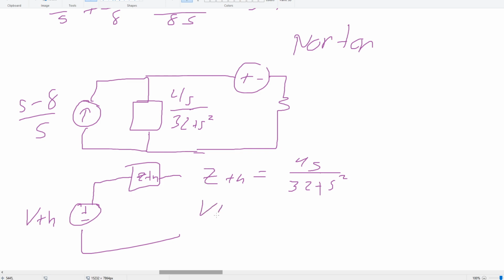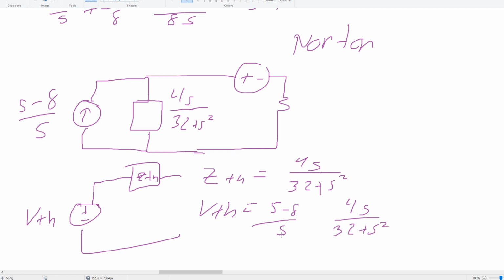Now our V Thevenin is, we have V equal to IR, or V equal to IZ in this case. We're going to take the current source and multiply it by the impedance. So this is going to be s minus 8 over s, times 4s over 32 plus s squared.